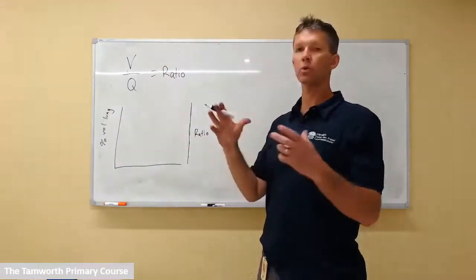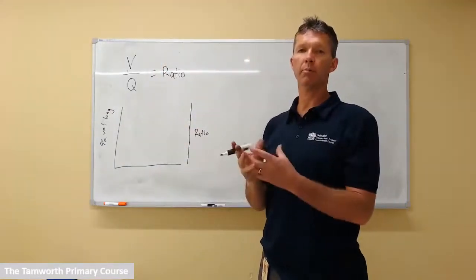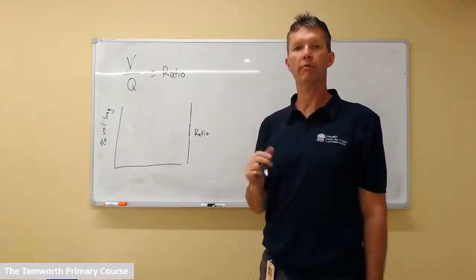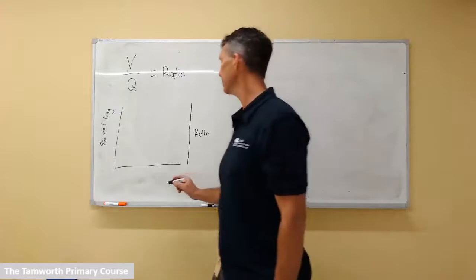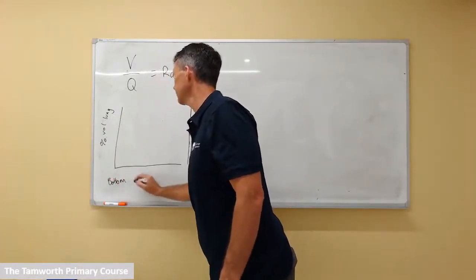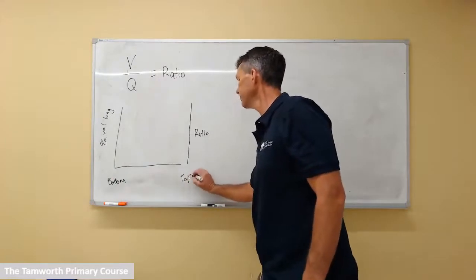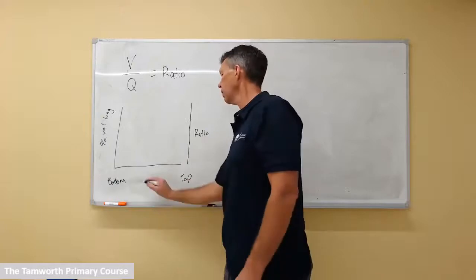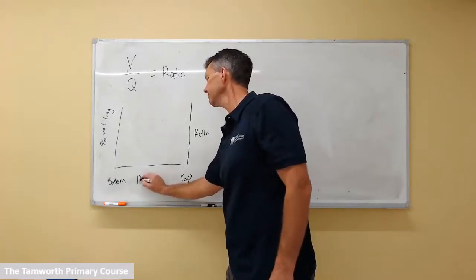The lung has a total volume, then we're going to talk about a proportion of that so that we can relate both flow and volume on the same axes. We're going to talk about the bottom of the lung and the top of the lung. And that'll be divided into rib numbers, usually, on the graphs that you'll see.